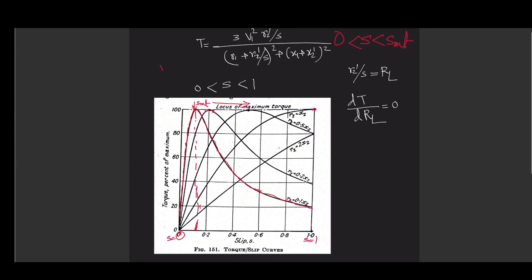So it is obvious that the maximum torque is independent of your rotor resistance, because that is only governed by the stator side.